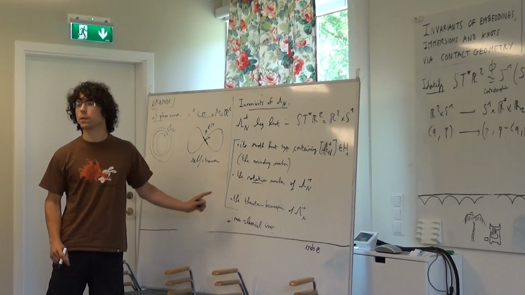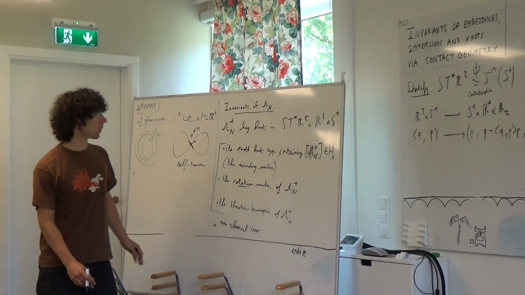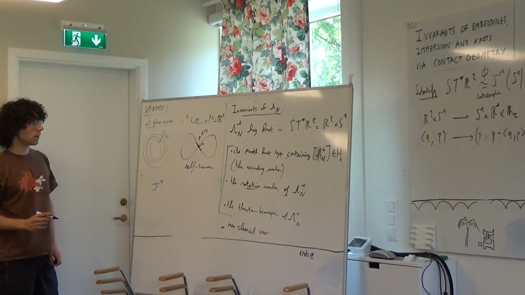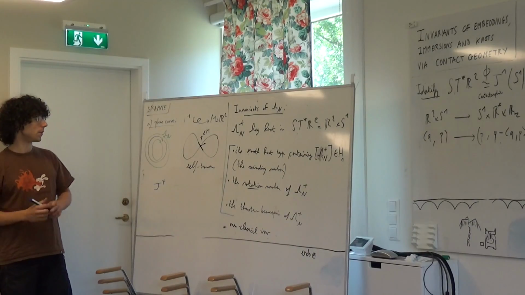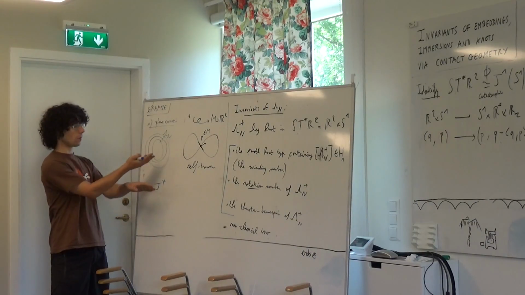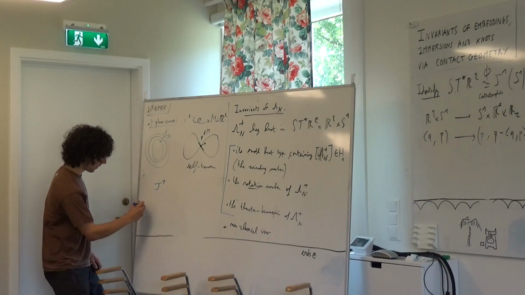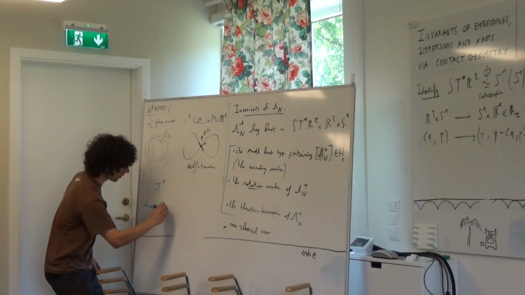deduced from this one. You see, the local invariants are J plus, and basically this is something which counts the number of direct self-tangencies of a plane curve. So it means that, as I said, a direct self-tangency is forbidden.